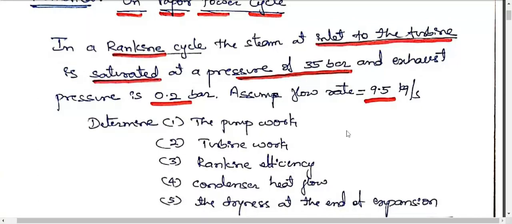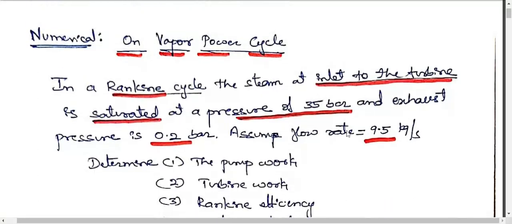Okay, dear students, in the previous lectures we discussed that to solve numericals on vapor power cycle, the problem must give three minimum data. One is the maximum pressure, that is boiler pressure, and the minimum pressure of the cycle, that is condenser pressure, and one more data is the condition of steam at inlet to the turbine or at exhaust of the turbine.